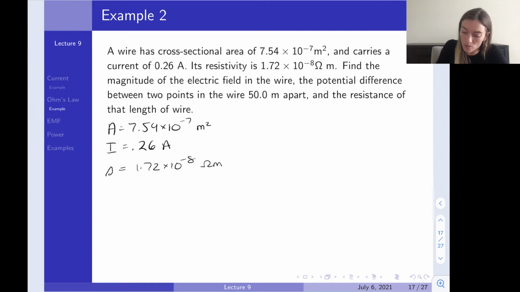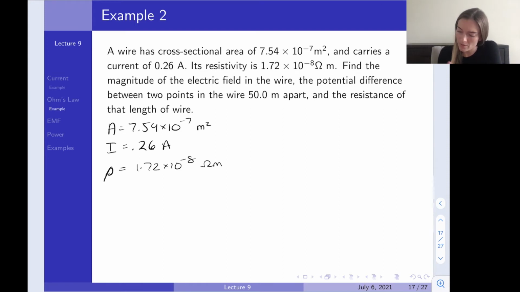And the units of resistivity, I also forgot to mention, are ohm meters. So now we want to find the magnitude of the electric field in the wire, the potential difference between 2 points 50 meters apart, and the resistance of that length of wire. Okay, so this one's kind of just basically plug and chug, so let's get used to the equations here.